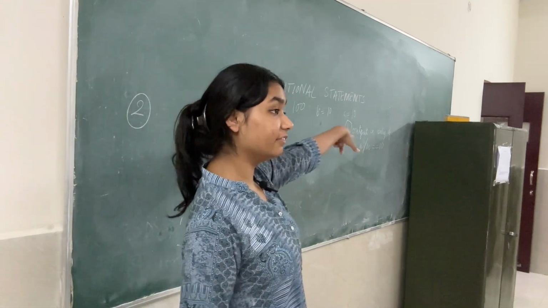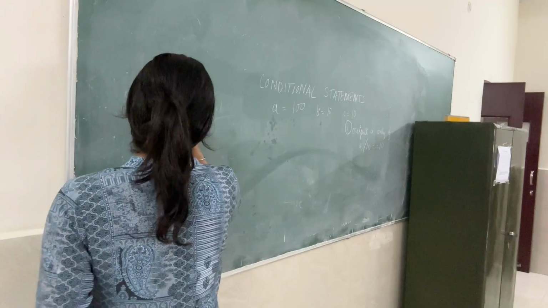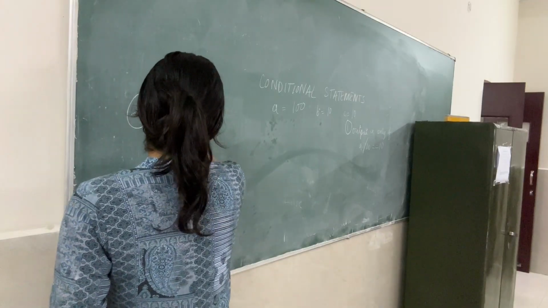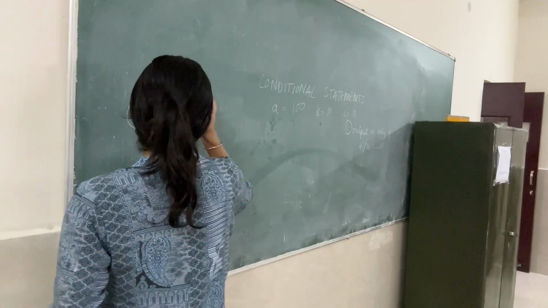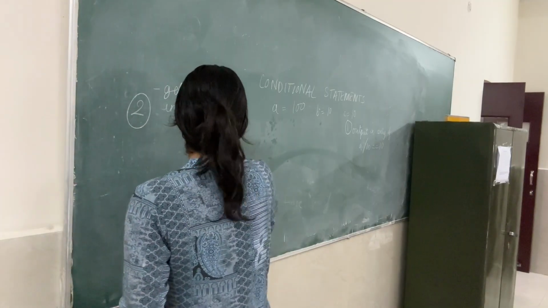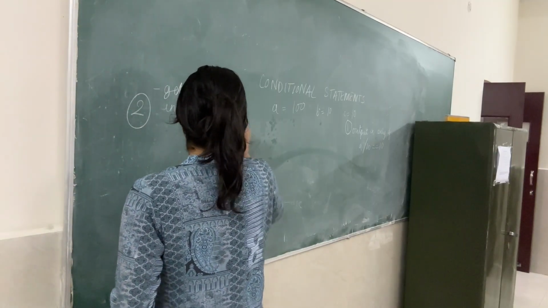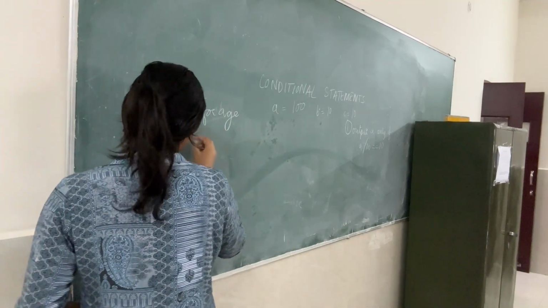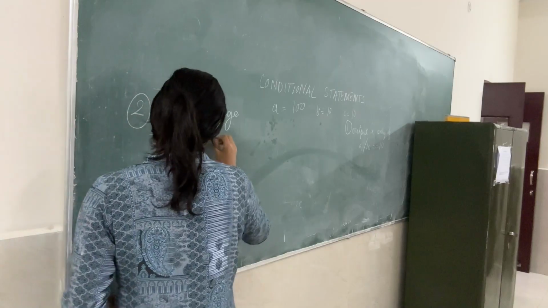That's your first activity. Your second activity is to get input for age.